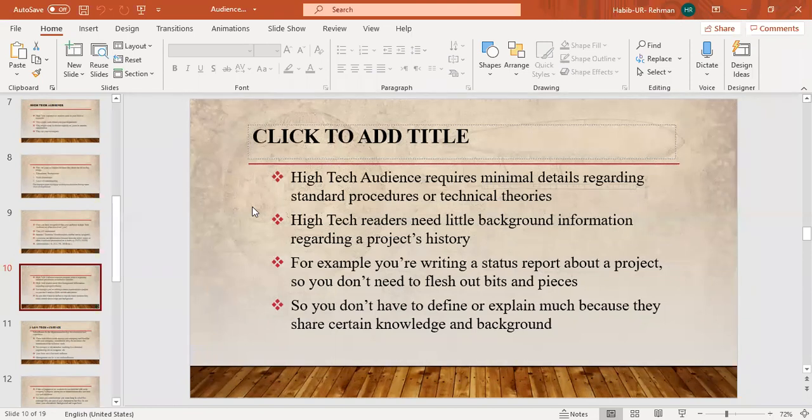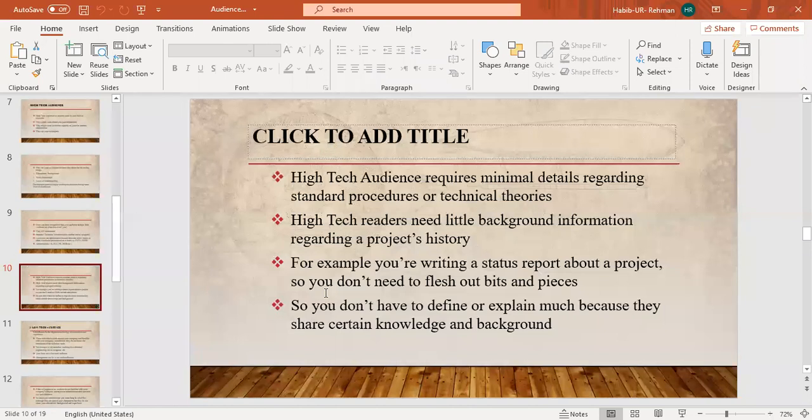So you don't need to give extra information about the project, or history of the project, or definition of the different terminologies or concepts, because they are already expert in the field you're talking about. So you don't have to define or explain everything, because they share certain knowledge and background, because they belong to the same field, they have expertise, they share work experience.